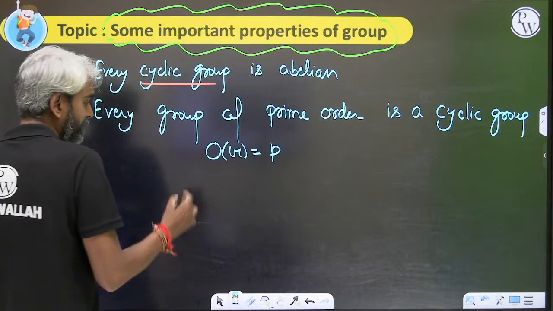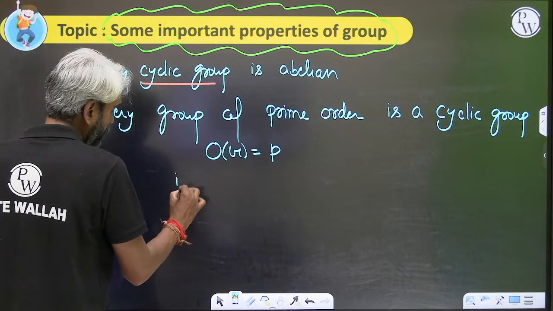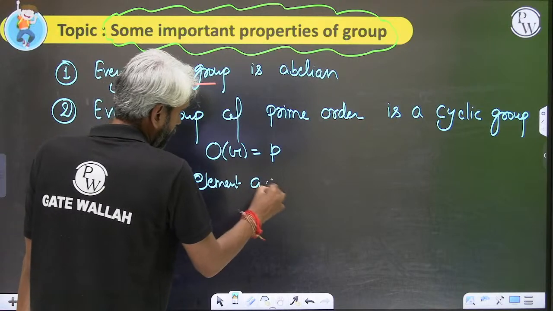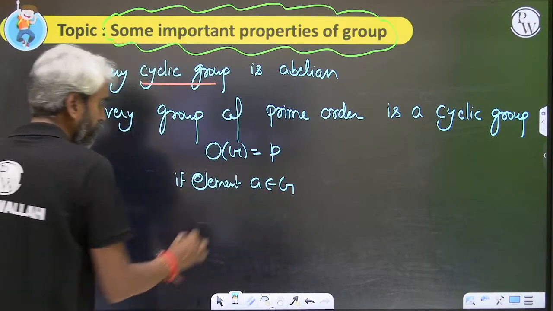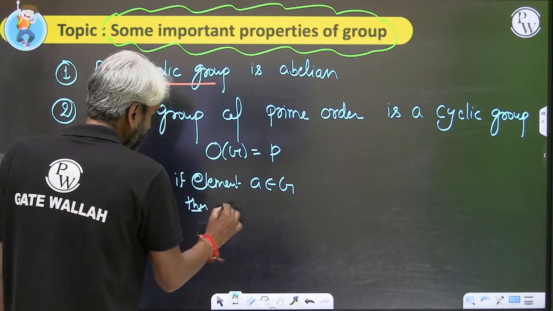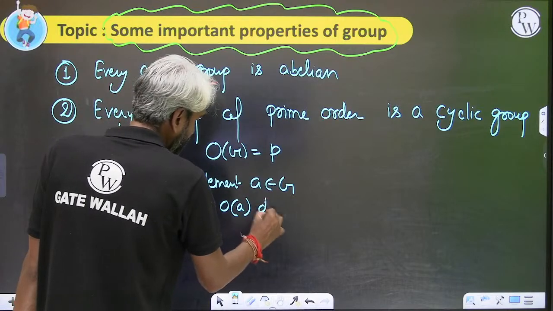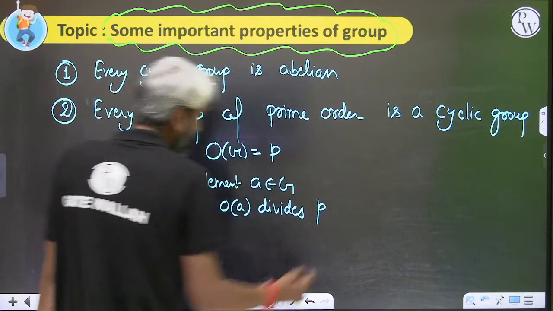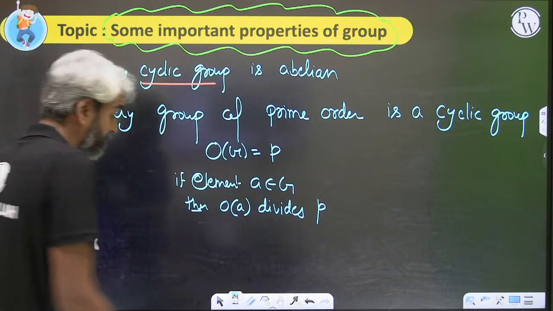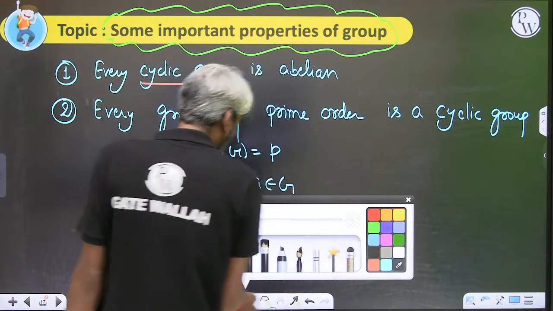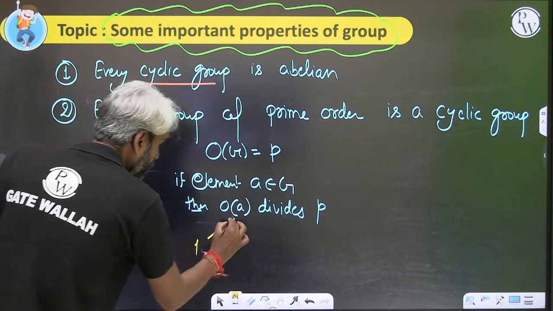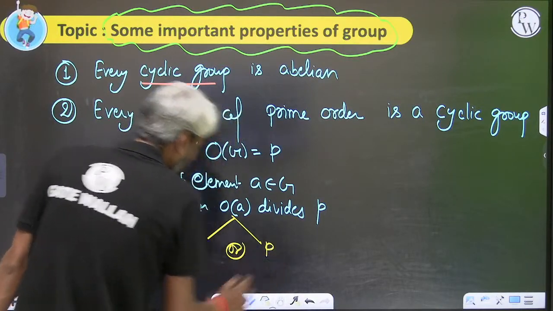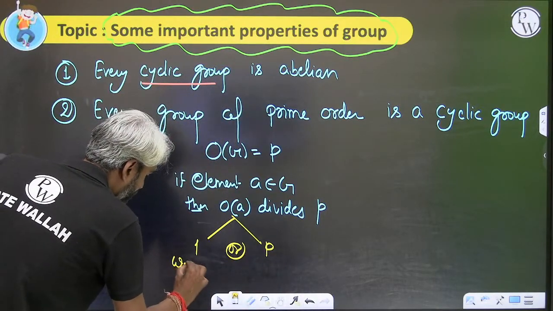So the idea is if element A belongs to G, then the order of A divides this prime number P. Now there are only two numbers which can divide a prime number, that is 1 or P. So 1 is with respect to the identity.